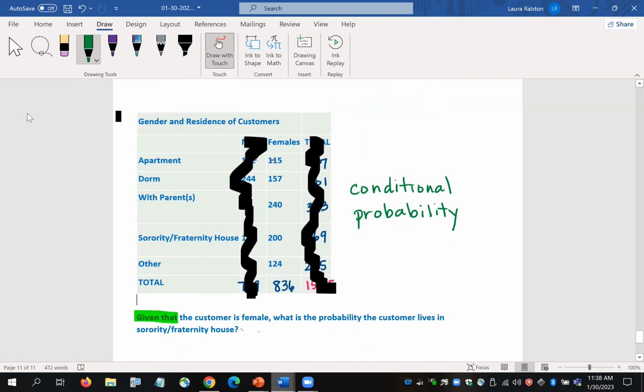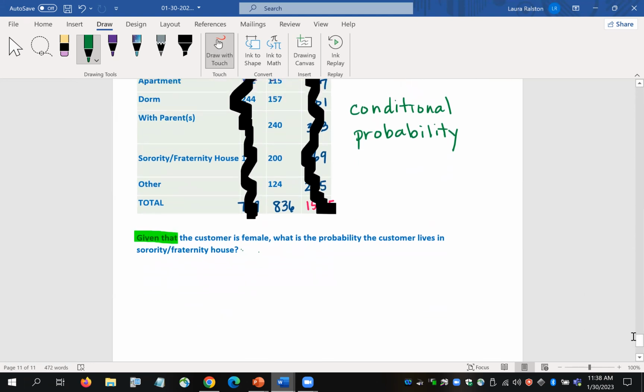I do not care about anything else, only the females. And I'm interested in the probability that they live in a sorority or fraternity house.